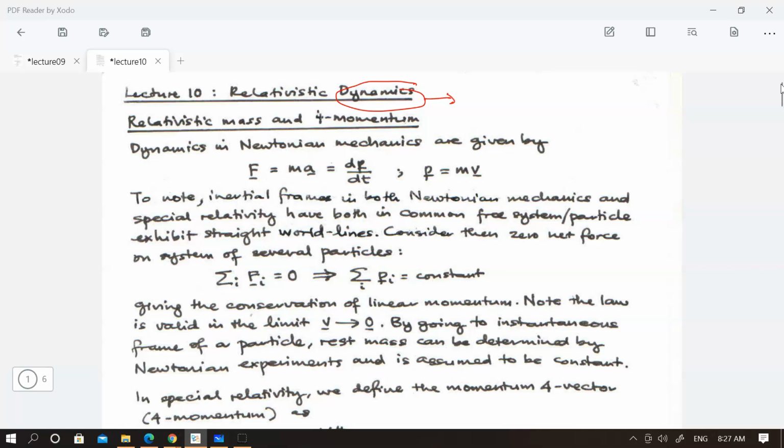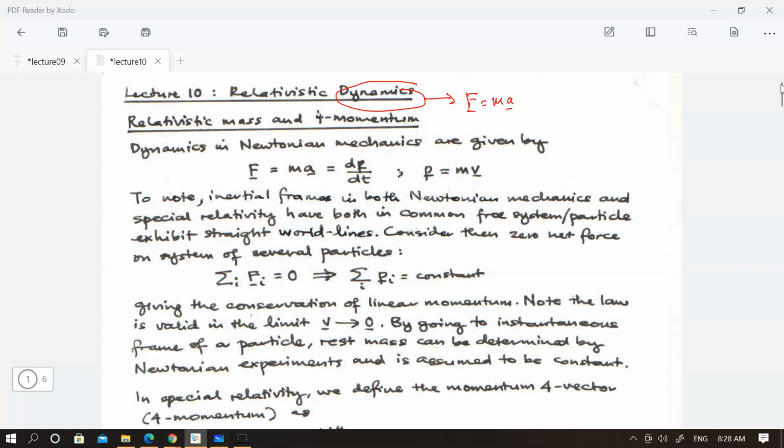Usually when we talk about equations of motion in classical mechanics, then you really need to introduce Newton's law, for example. We will have some kind of analog of this Newton's law inside special relativity. Let us recall a few things. Your equation of motion is given by F equals ma, or a much more general way of describing F, essentially in terms of the momentum.